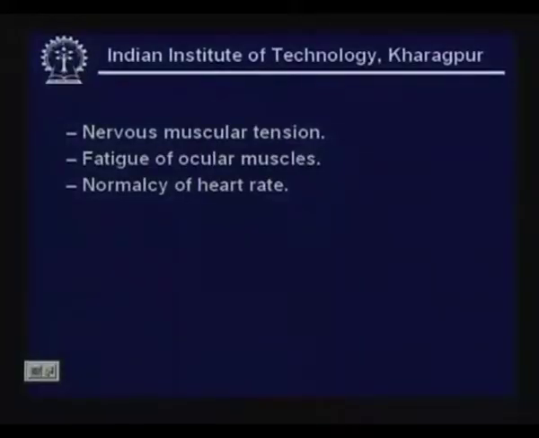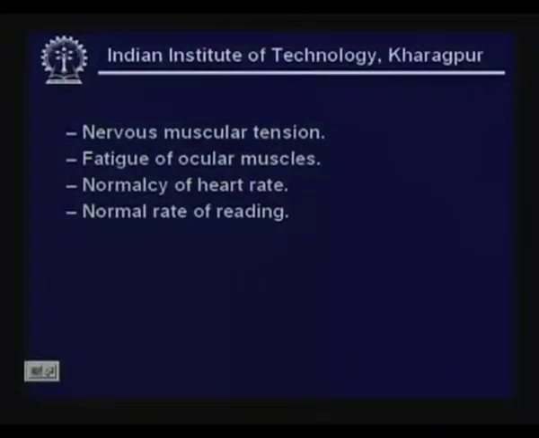Now, depending on how fast or how slow we do this process, accommodation and adjustment is called upon, and fatigue sets in the muscles. Therefore, fatigue of ocular muscles, meaning eye muscles, and of course, just as in any other activity of human beings, heart rate plays a vital role, and it is necessary for good illumination, I mean perception by the human eye.